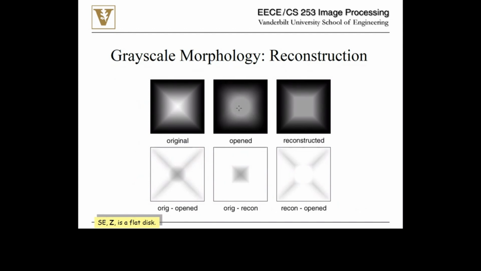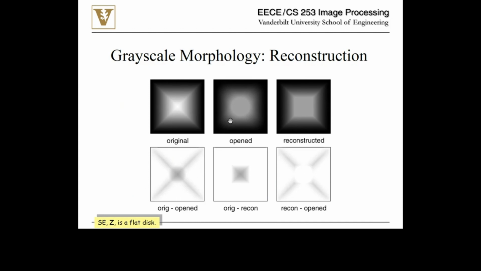So if we use the opening as a peak removal, we also lose a lot of the shape of the image. Here we have an X shape, and the X is not represented in the opening. But in the reconstructed, it is much better represented. And then here you have all kinds of differences.